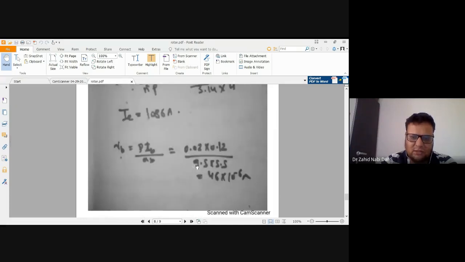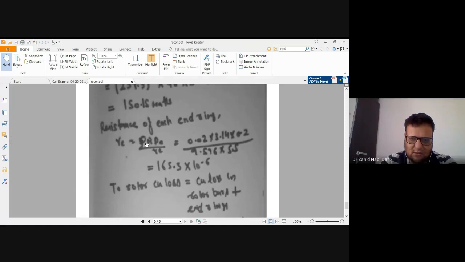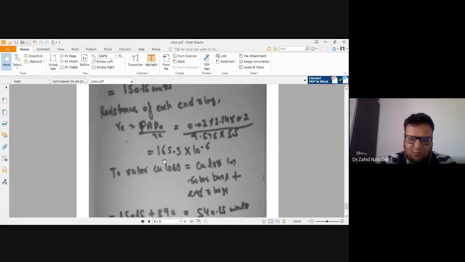These are the values which I am substituting here. So here 0.02, pi is 3.14, this De is 0.12, and this would be 10 power minus 3, 10 power minus 3, because this is in millimeters. Hence I have to multiply it with 10 power minus 6. So again I'm getting resistance 165.3 into 10 power minus 6.